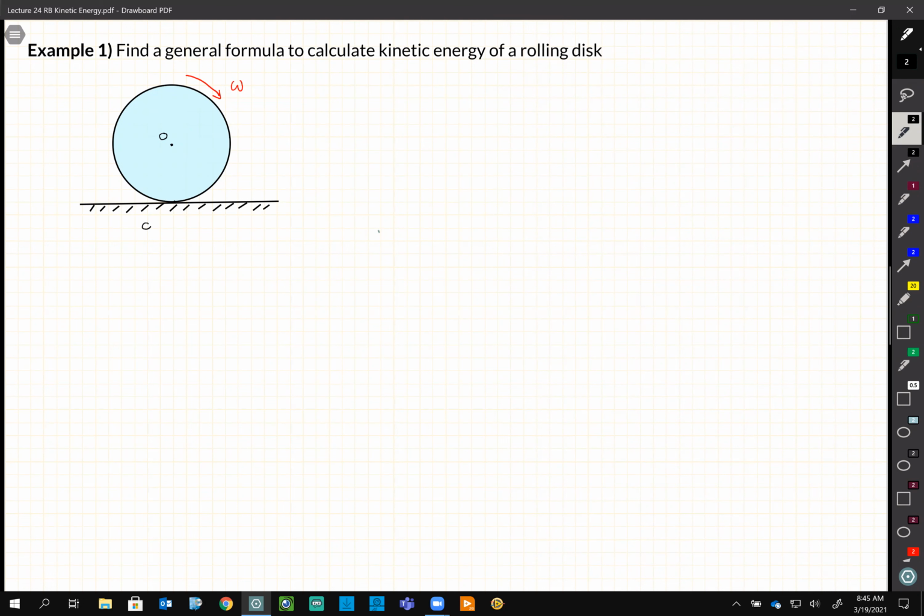So this is scenario number 3, right? It rolls and also it moves, so it has two components. And you know its center of mass is here at point O. So try to use that formula and see what you will get. This is the formula that we need.